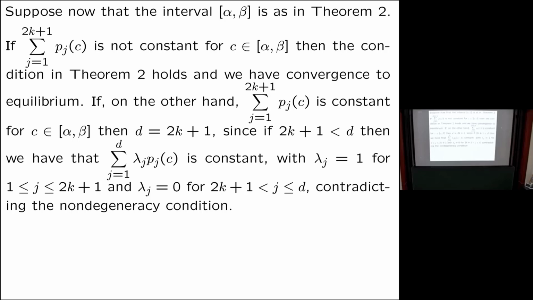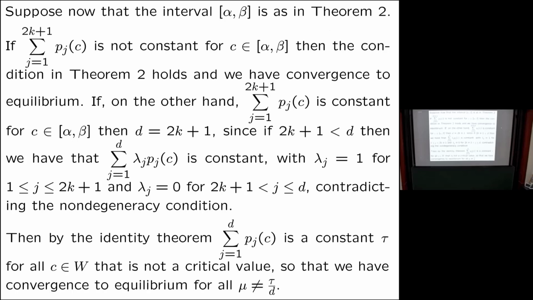So you end up with this sum being some constant, and you get a convergence, but only if mu is not equal to that constant divided by D. Okay, at least we have then a couple of examples where you can explicitly check this condition.